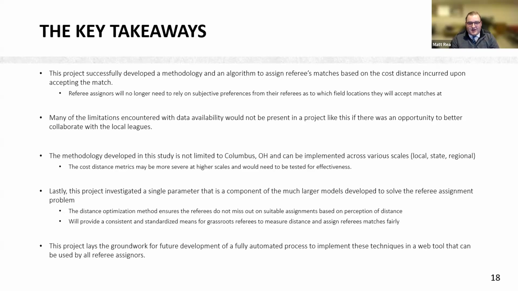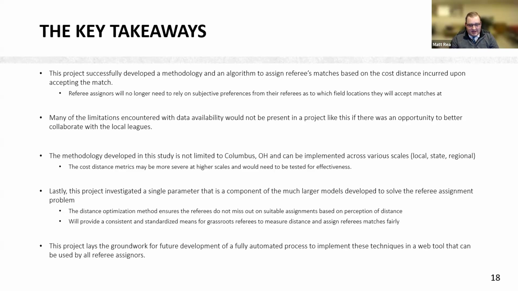And of course, this methodology is not limited to just Columbus, Ohio, and it can be implemented across various scales, the local, state, and regional. But the cost distance metrics may be more severe, which is to be determined, how impactful that would be and what the success rate of this is, or if we would just end up finding that, yes, clustering occurs around fields and no referee from Columbus would ever get assigned a match out in Dayton.